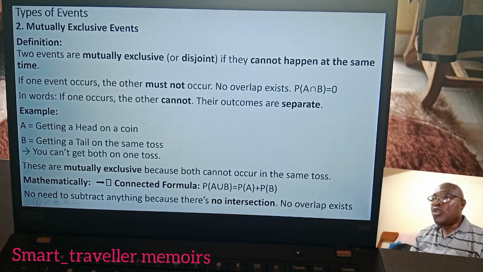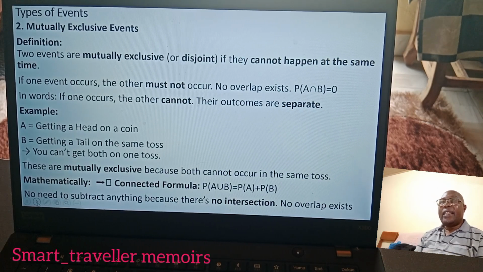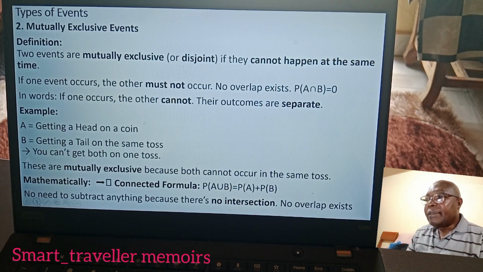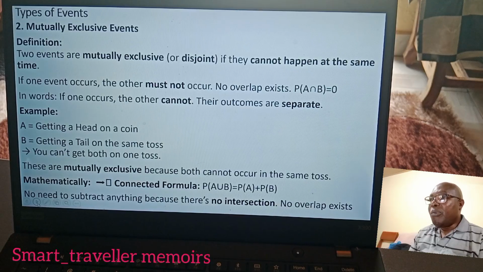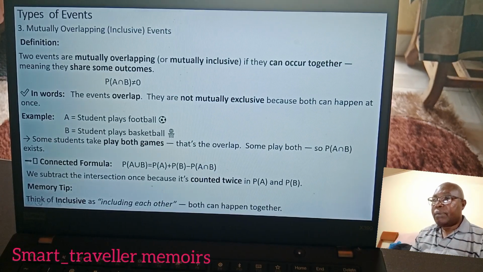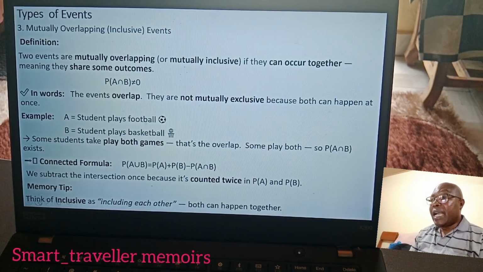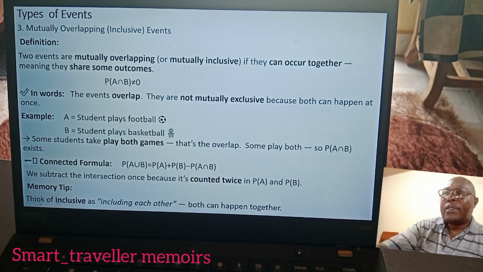These are mutually exclusive because both cannot occur in the same toss. Mathematically, the formula is P(A union B) is equal to P(A) plus P(B). No need to subtract anything because there is no intersection. No overlap exists.